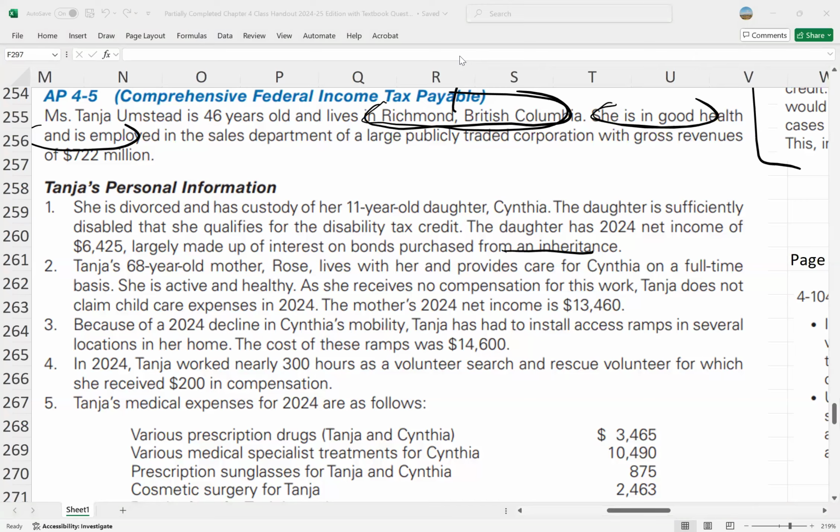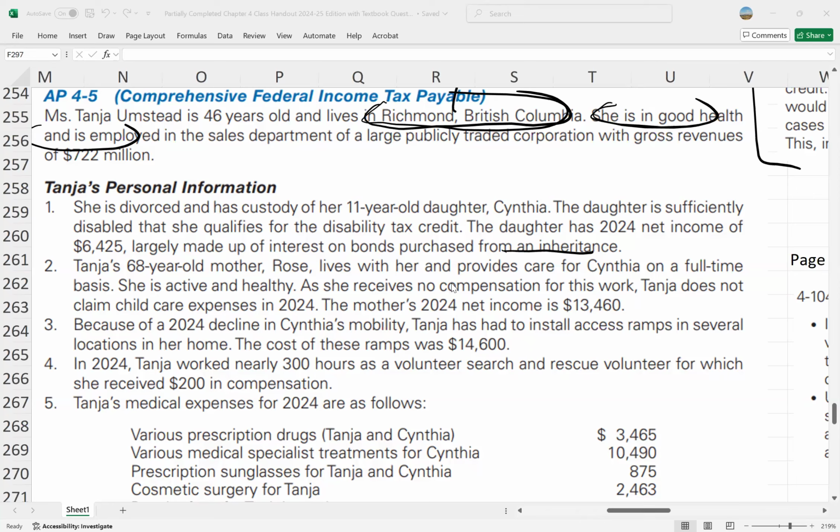So just looking at the question in the chat, does it matter which dependent you claim for if you can claim home accessibility and medical expenses? So it has to be a dependent. So it has to be somebody that Tanya is supporting. So if it was for Cynthia, the home accessibility, it could even have been for the mother as well. The mother had some mobility issues and they had to install some ramps for the mother, that would qualify.